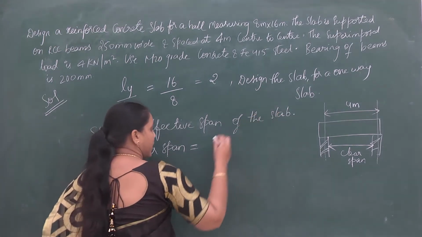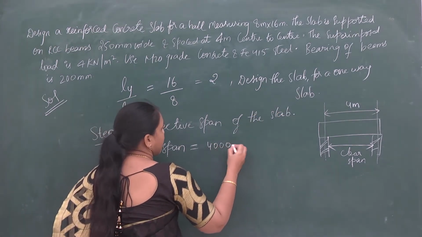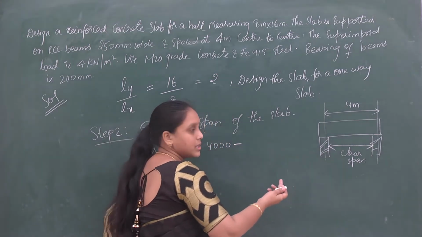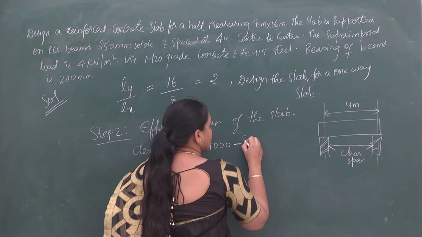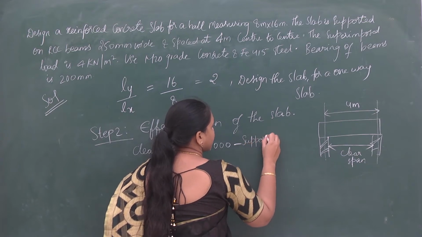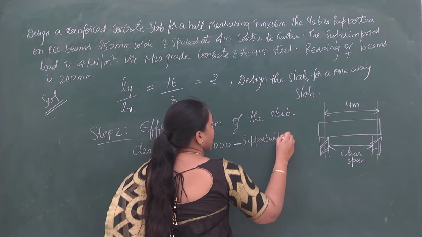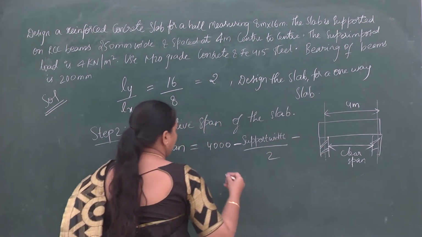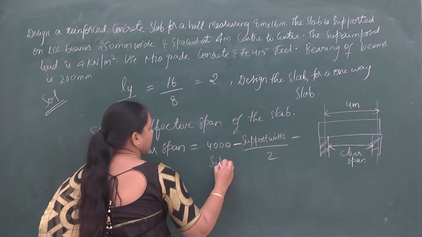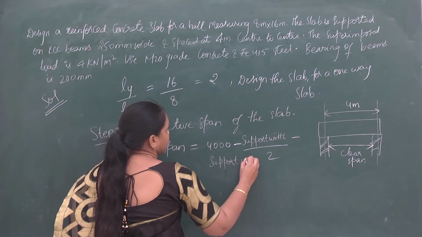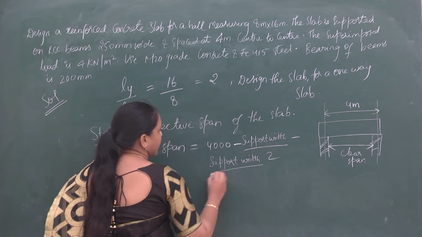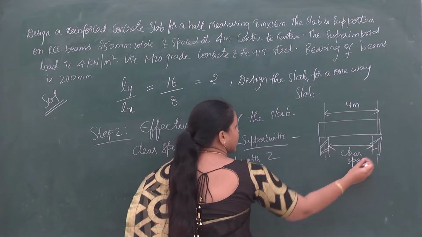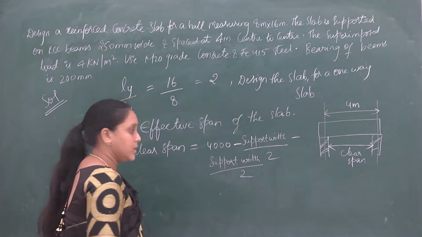So the clear span will be 4 meters, that is 4000 mm, minus the support width divided by 2, because half of this, minus the support width divided by 2, because half of this. So from the total 4, if we remove this and this, we are going to get the clear span.